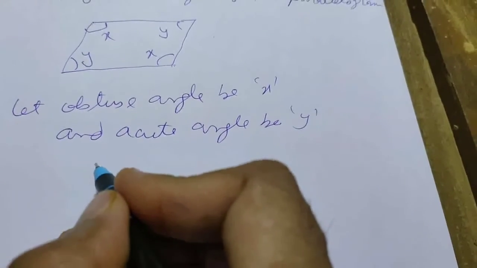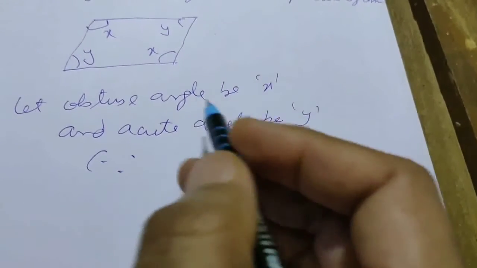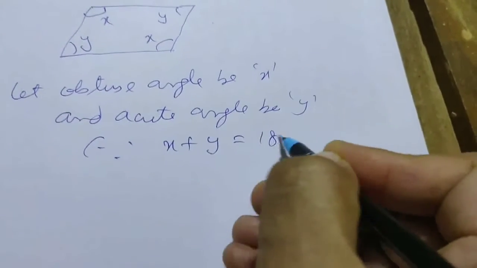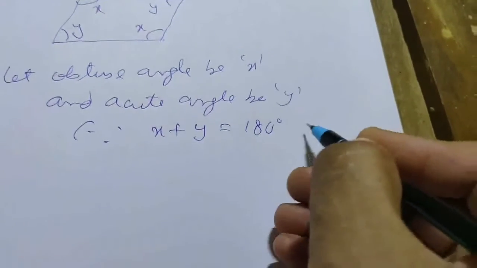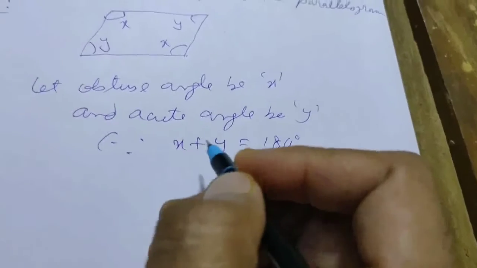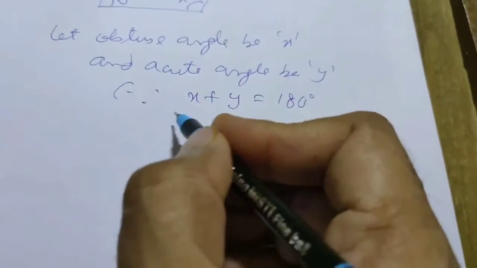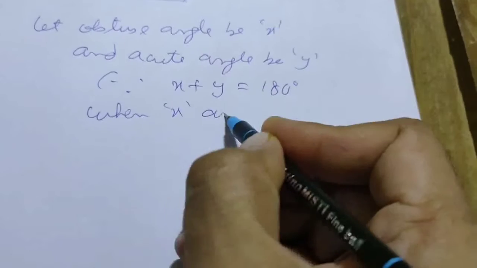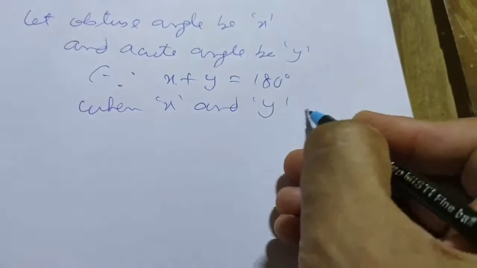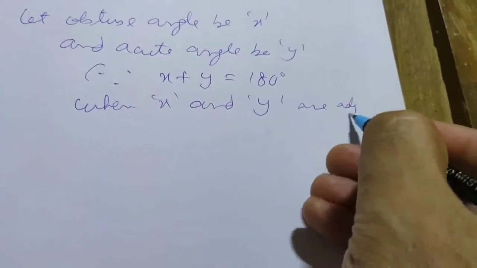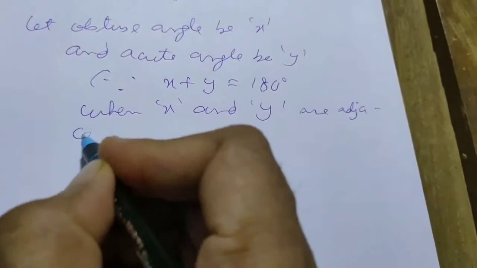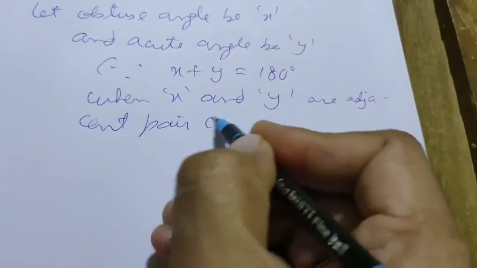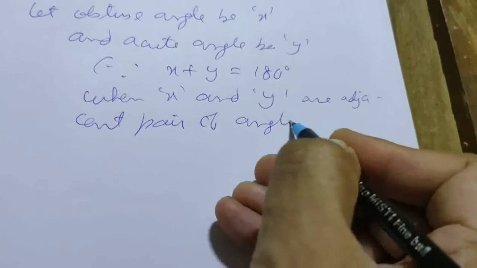Why do we say that the other angle will be y? Because x plus y equals 180 degrees when x and y are an adjacent pair of angles.